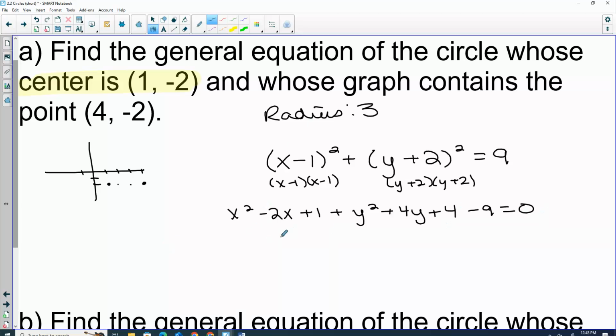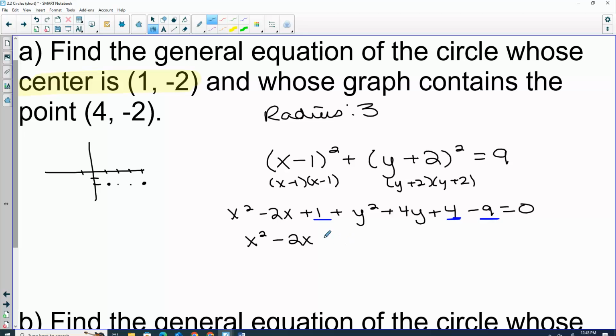So it has to be multiplied out and equal to 0. Now, after that, I don't really care what order these terms are in, but you do need to combine like terms. So all we can really combine there would be all of our constants.